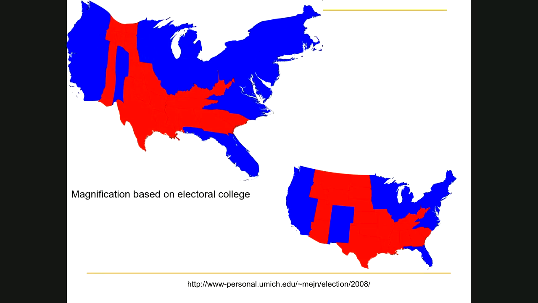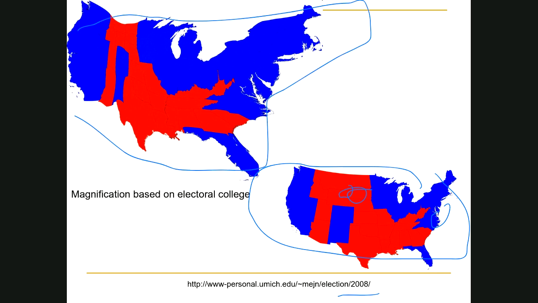There are large states here that only have a few electors, and then there are probably smaller states on the coast that have a lot of population, so they have a lot of representation. So what they're doing here, they took each state and used selective magnification. And this, by the way, was when Obama won in 2008. If you look at the map of the US, it looks like there's more red than blue. If anything, they're equal. But if you start to use selective magnification, you can see what's happening there.